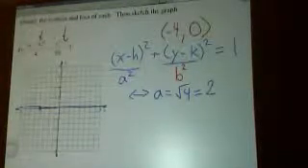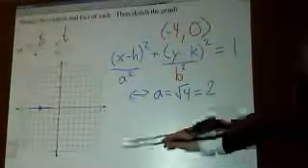The square root of 4 is 2, so this left and right axis should only be 2 long. I'm going to fix that so it looks a little more legit on the axis. So we got 1, 2, 1, 2.